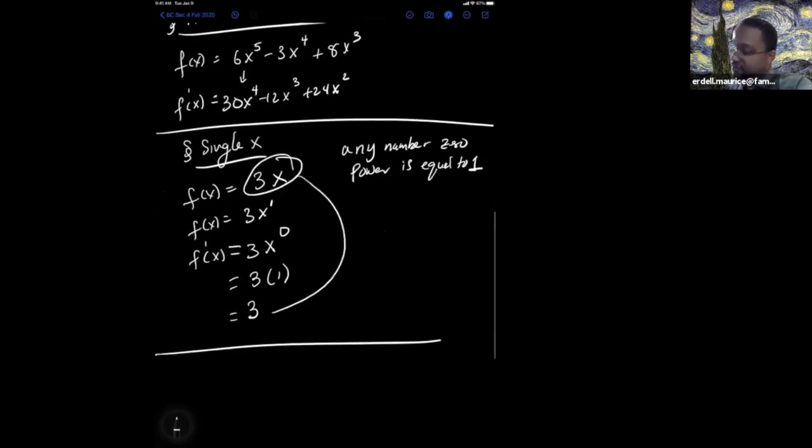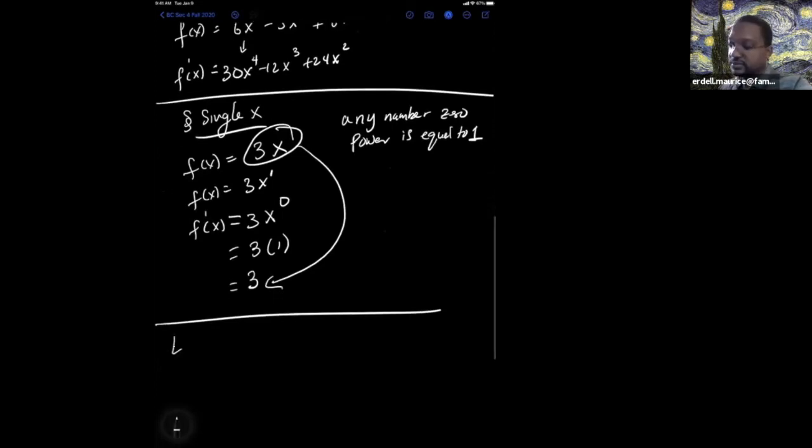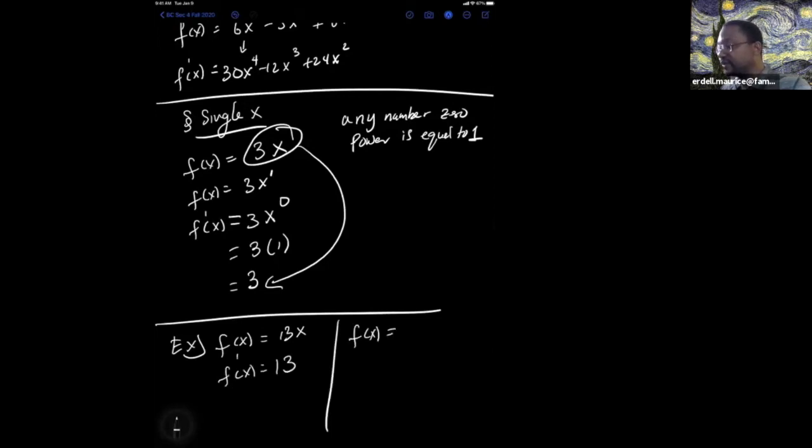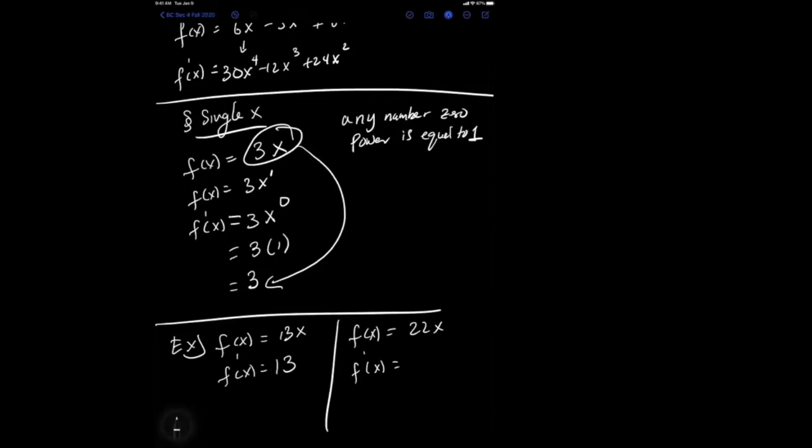The derivative in one step is to simply drop the x. If I have f of x is equal to 13x, then the derivative is simply 13. If I have f of x is equal to 22x, then the derivative is 22.